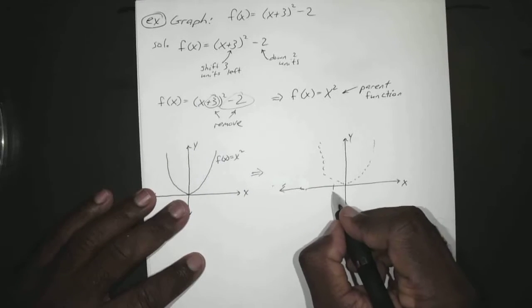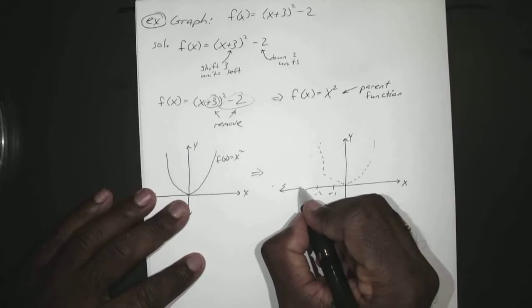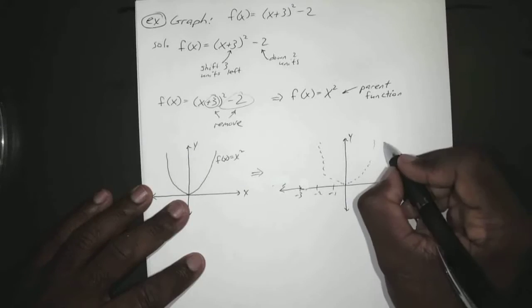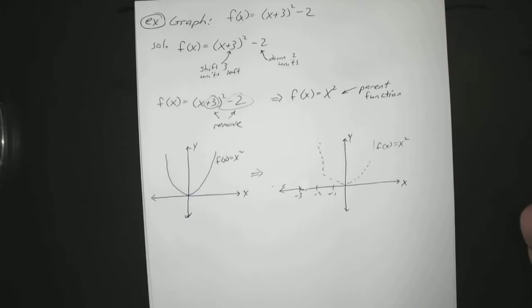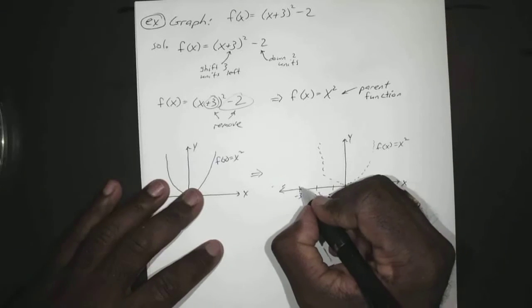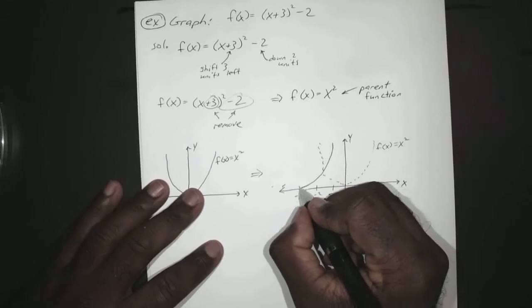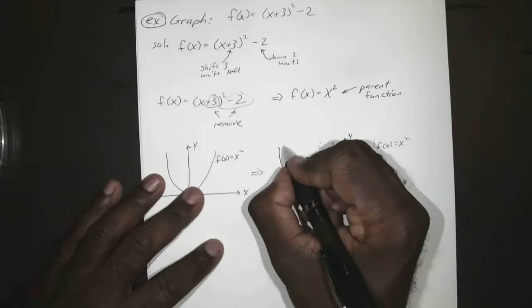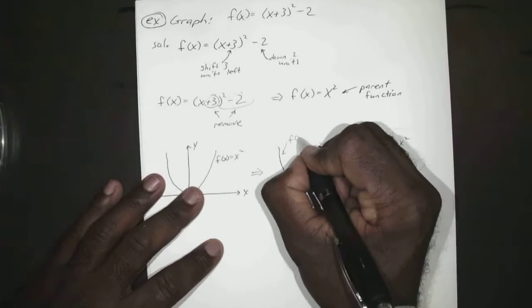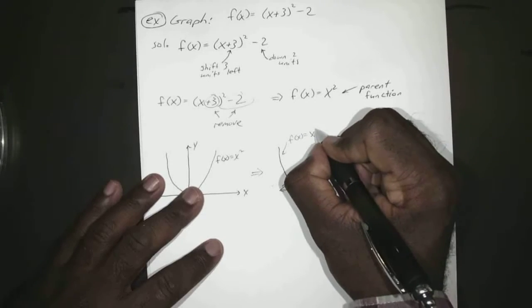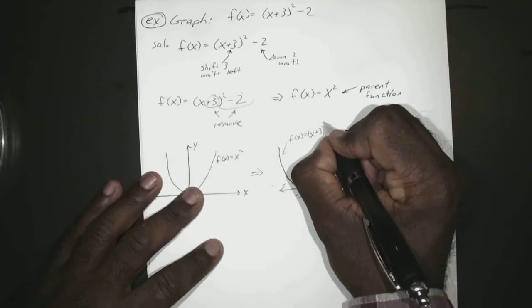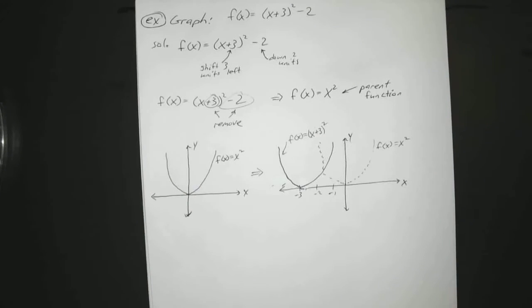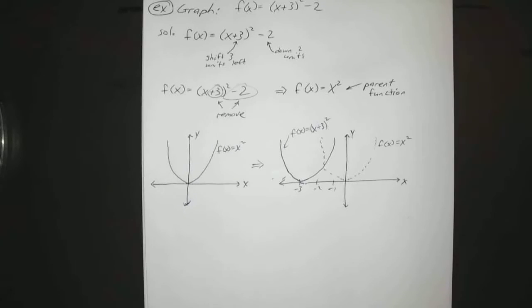Okay, so this is, let's say, -1, -2, -3. So this is our f of x equals x squared. We're just going to get that whole thing and shift it here. So this is our f of x equals (x plus 3) squared. Okay. So all we did was just take it and just worry about one part of it.